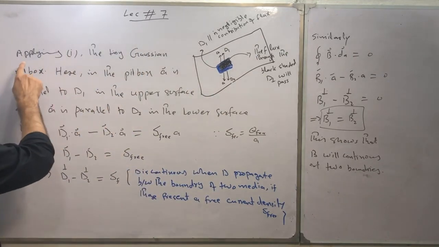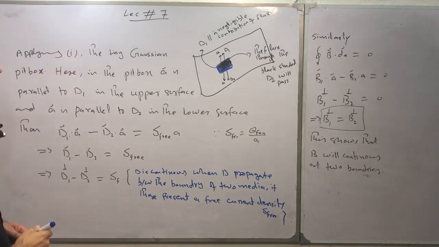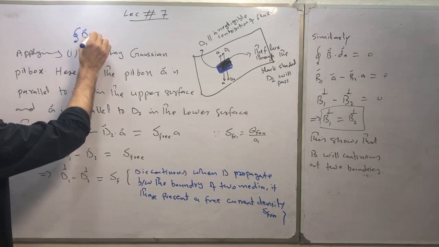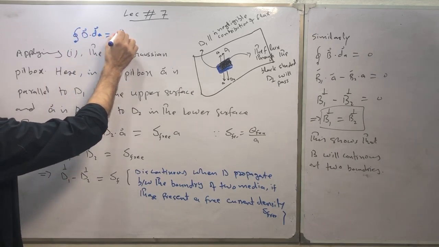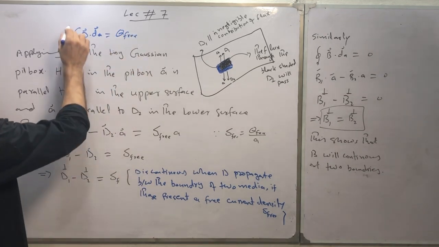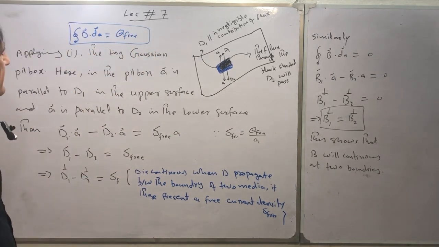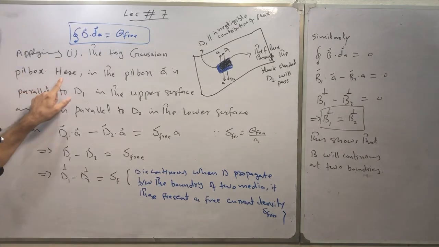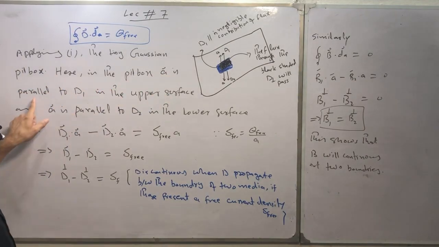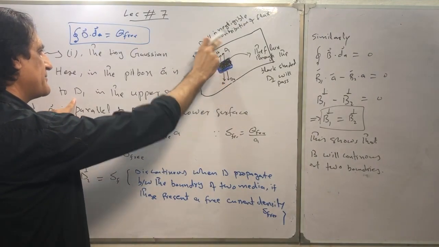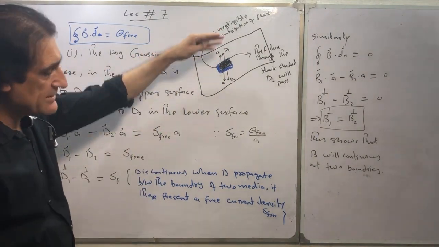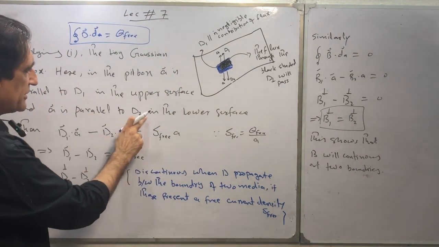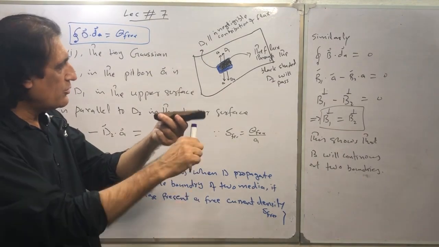Applying the integral of D dot dA equals Q enclosed, I have to use this Maxwell equation on the tiny Gaussian pillbox. Here in the pillbox, A is parallel to D1 on the upper surface, and A is parallel to D2 on the lower surface.